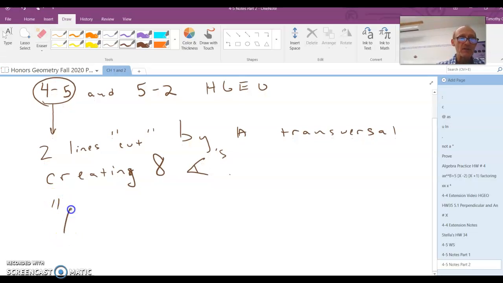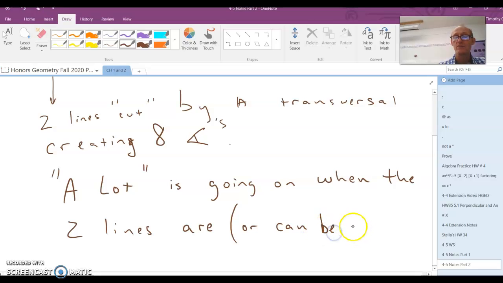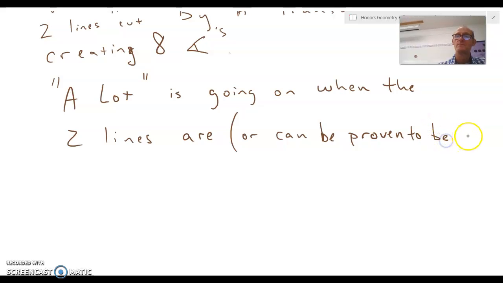So a lot is going on when the two lines are or can be proven to be parallel.